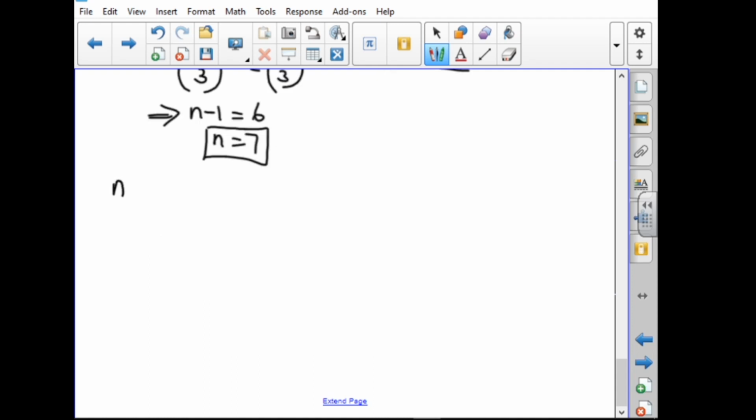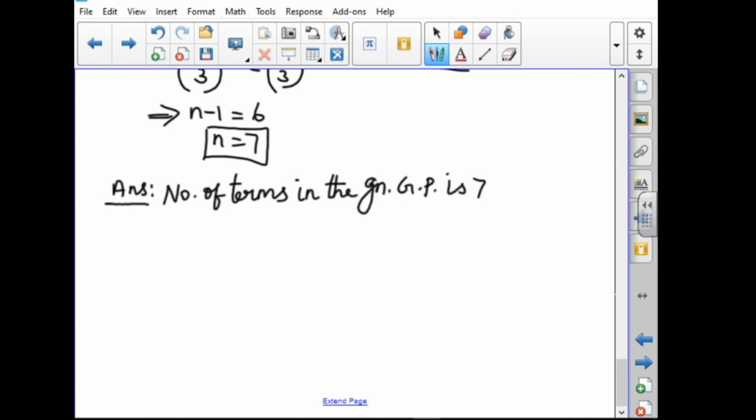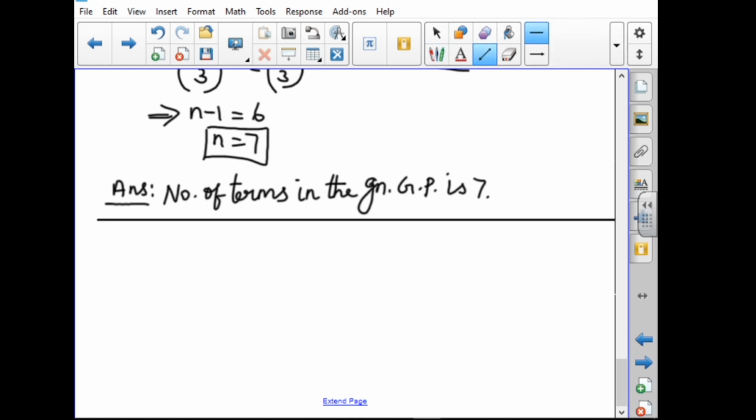So the answer: the number of terms in the given GP is 7. Okay, thank you students.